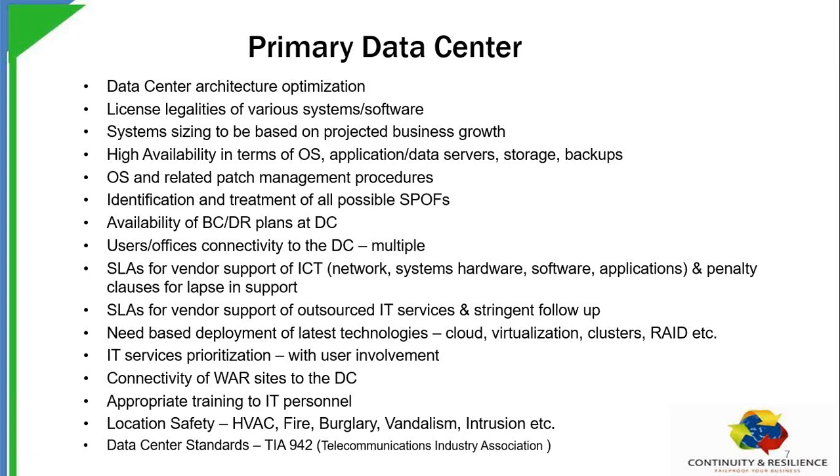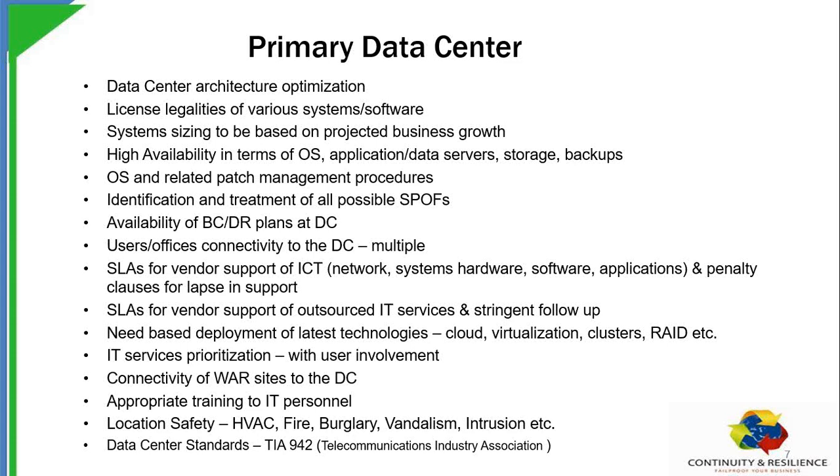Even if you are looking at an ITDR site or an alternate data center, it's better to have high availability of your critical infrastructure in the primary data center itself. The reason is that if one server is down, you have an alternate server which you can start using, instead of moving to an ITDR site and then managing work there, which could take a longer period.